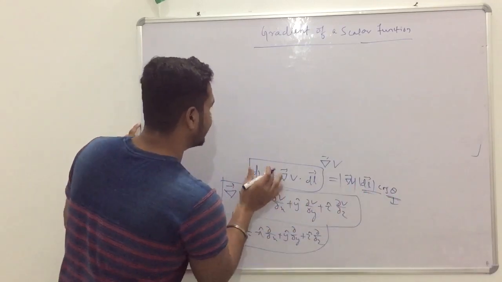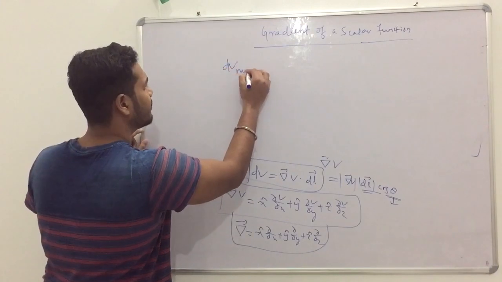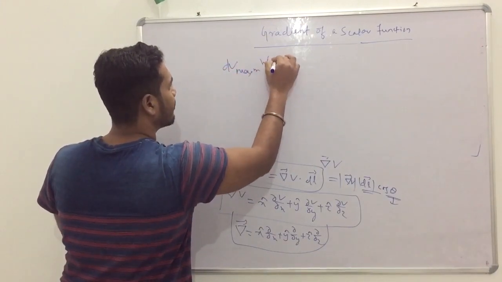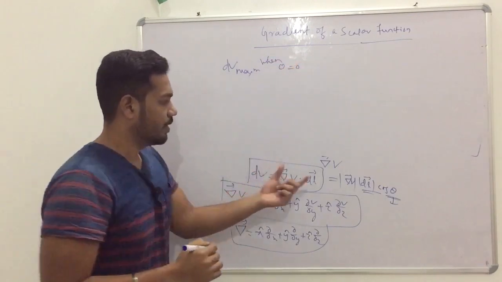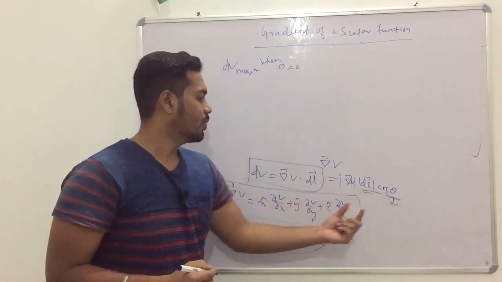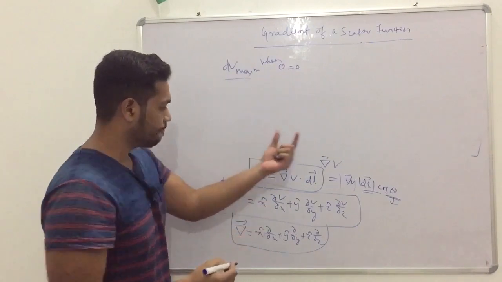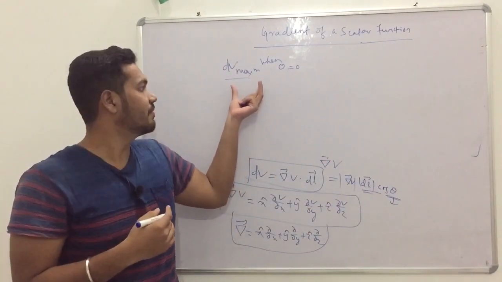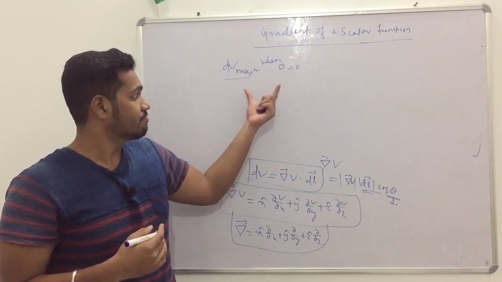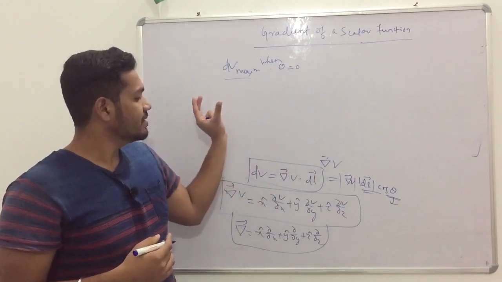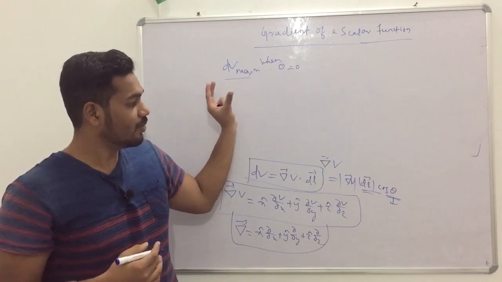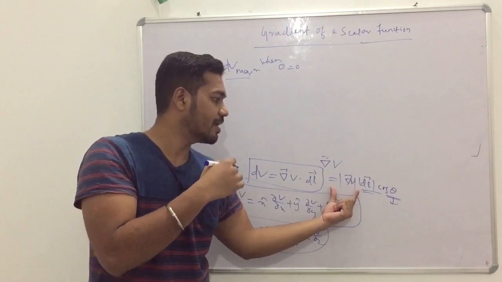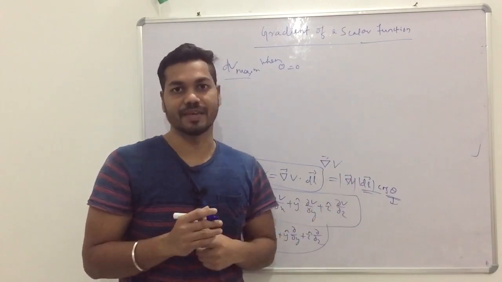You will get dv is maximum when theta equals 0, because cos 0 equals 1. So the maximum change in the function v happens when the direction of the change is along the direction of the gradient of v.